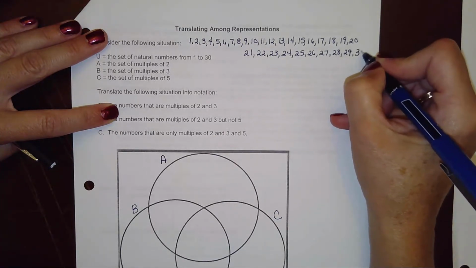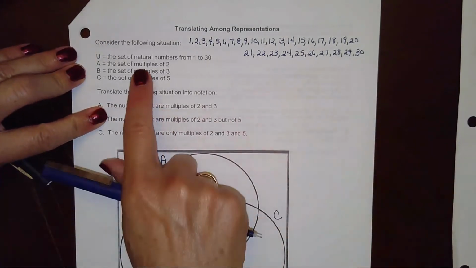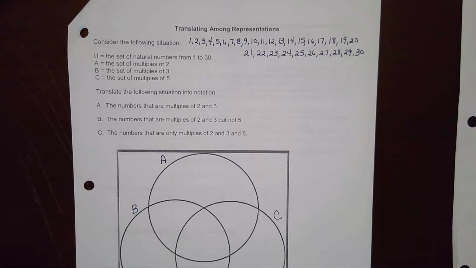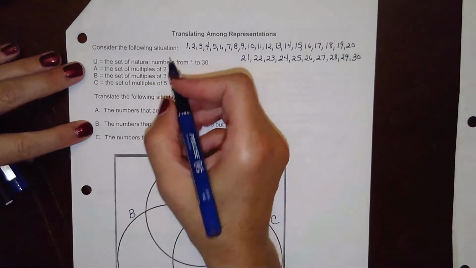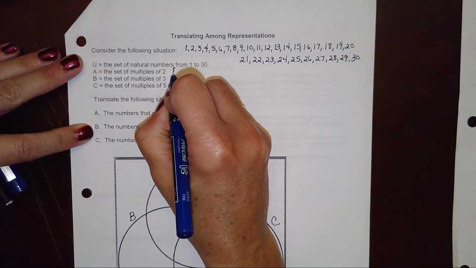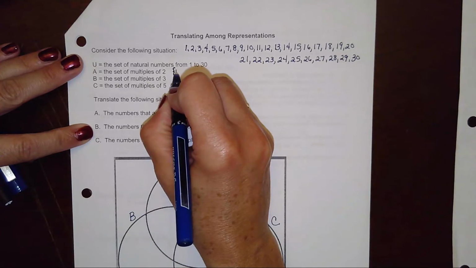So after we list all of the members of our universal set, let's go ahead and list all of the members that are going to belong in each of the sets A, B, and C. So multiples of 2. I'm going to start putting this in set notation, so you see that little squiggle means I'm going to define a set.